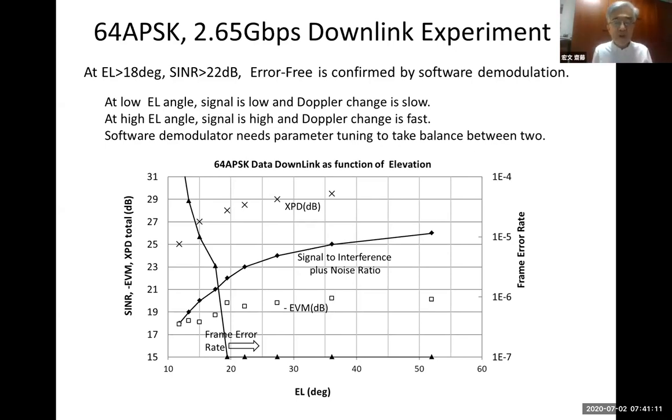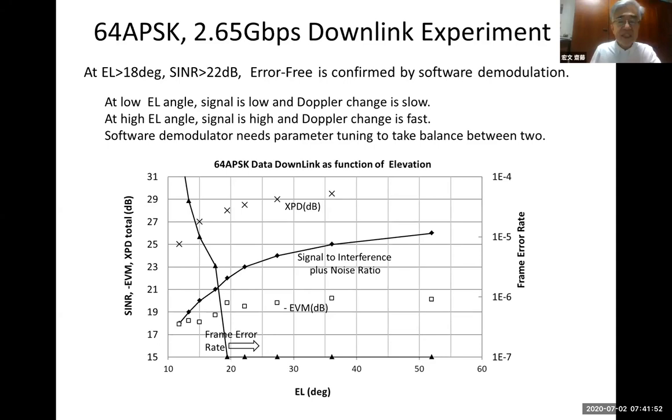So we plot signal to interference plus noise power ratio, SINR, by solid line, and also frame error rate, also solid line with triangle, and the error vector magnitude with minus sign, EVM, minus EVM, and also XPD, cross polarization discrimination by cross line, cross mark.